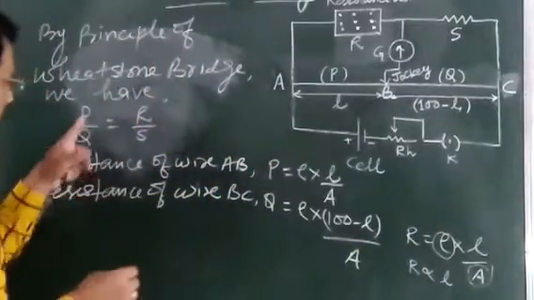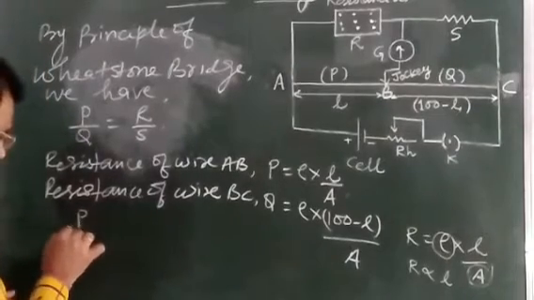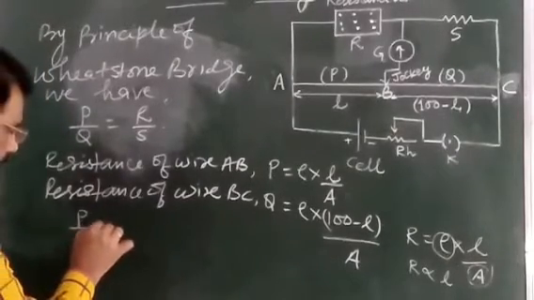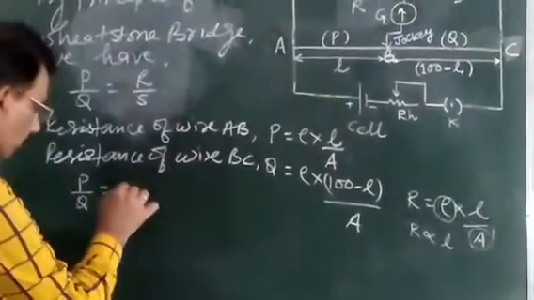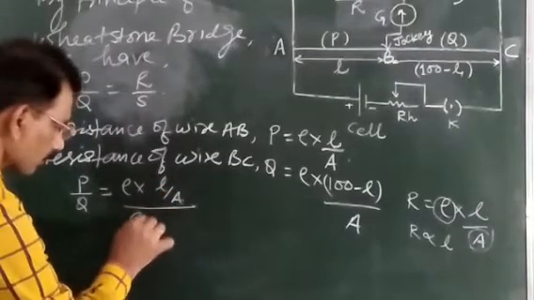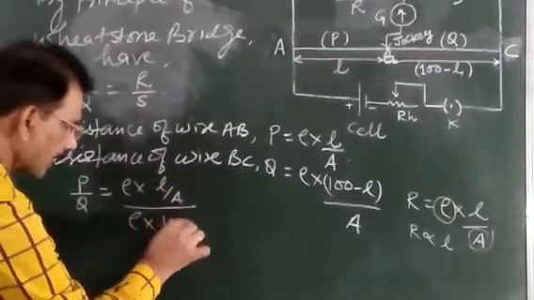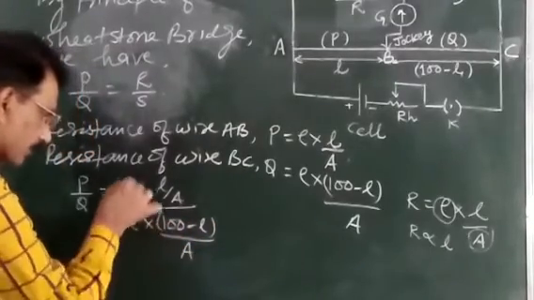And from here you can say P by Q. So P by Q is equal to how much? P by Q becomes rho into L by A upon rho into 100 minus L by A. And from here rho is cancelled by rho.